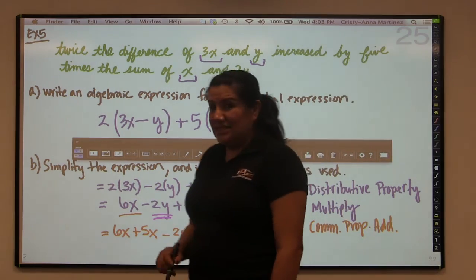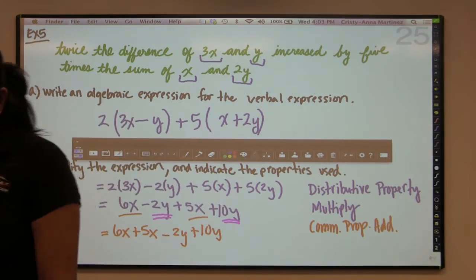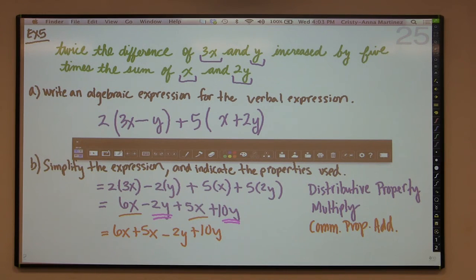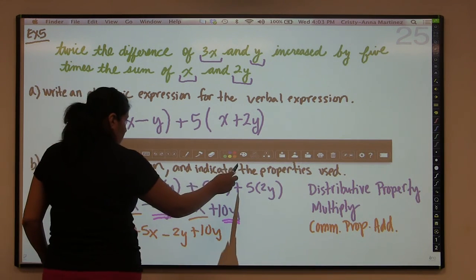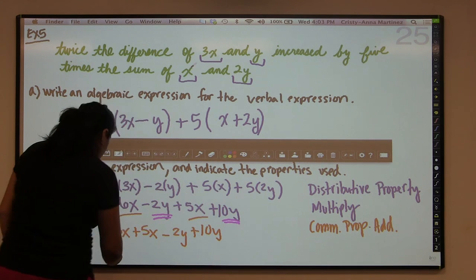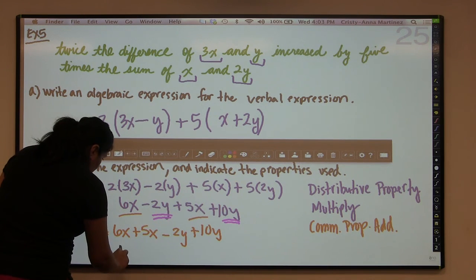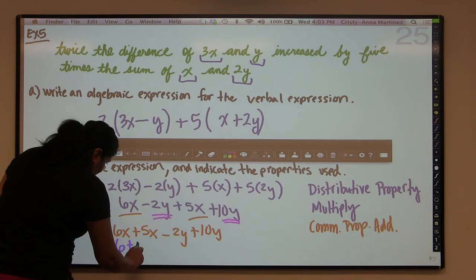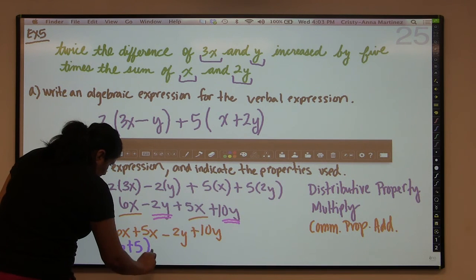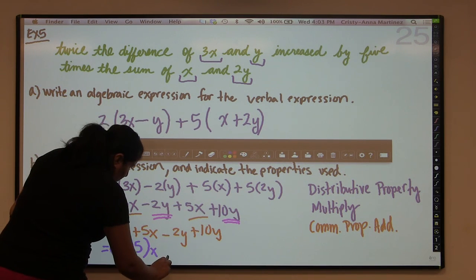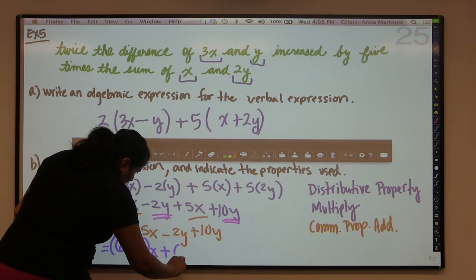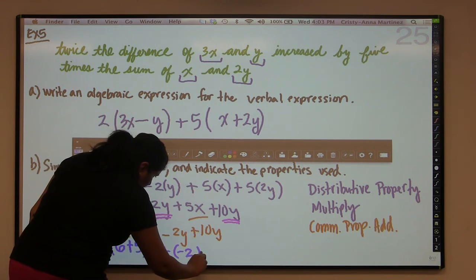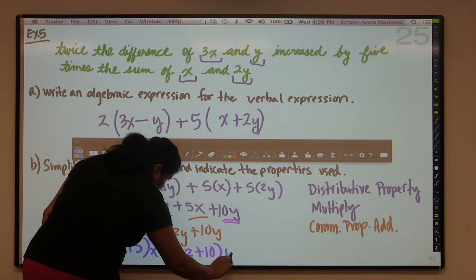And then we're going to use the distributive property, like we did earlier, to add the two like terms. So we're going to get 6 plus the 5 and the x out here. And we're going to get a plus, and we're going to put a negative 2 and a 10, and then the y out there.